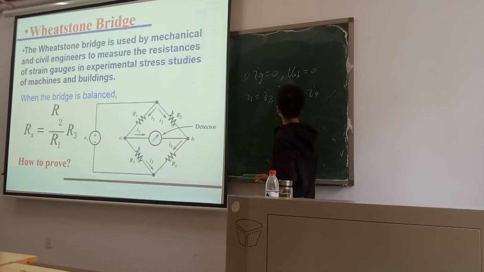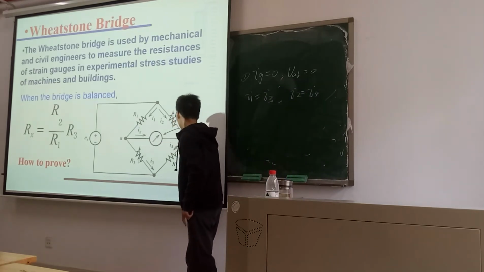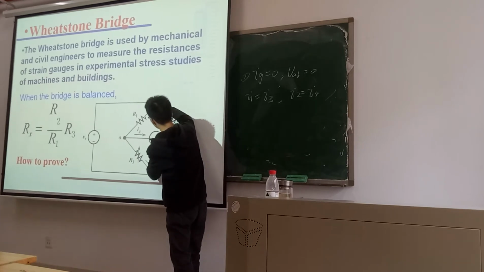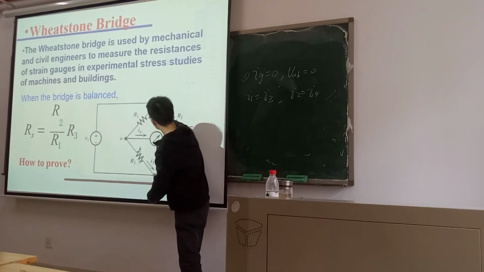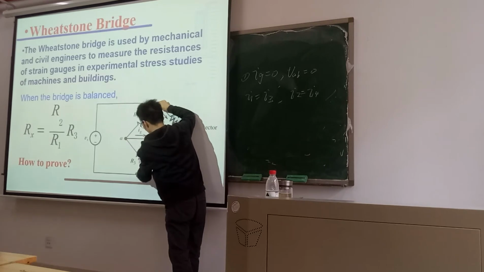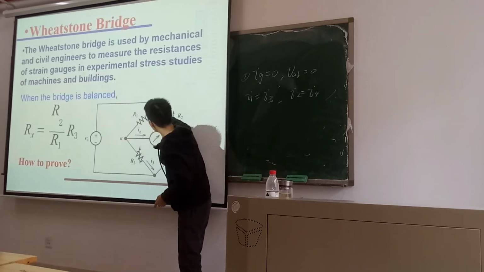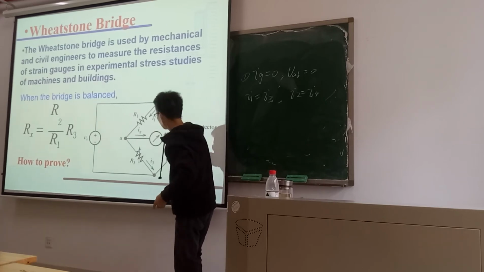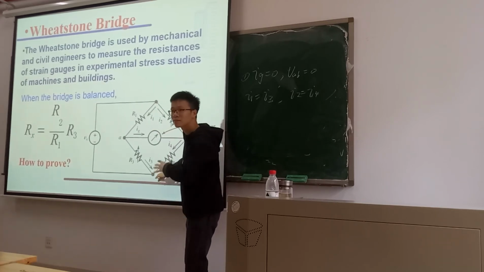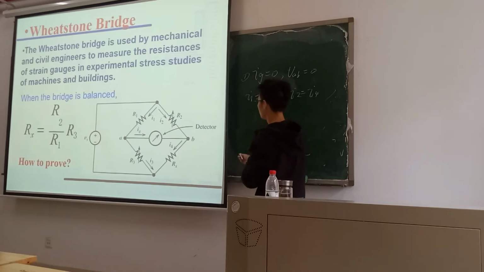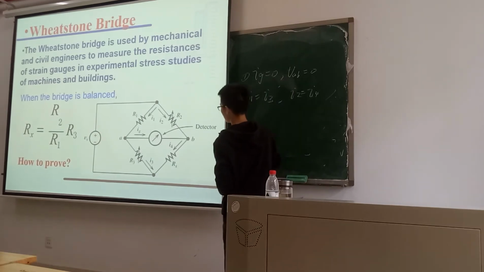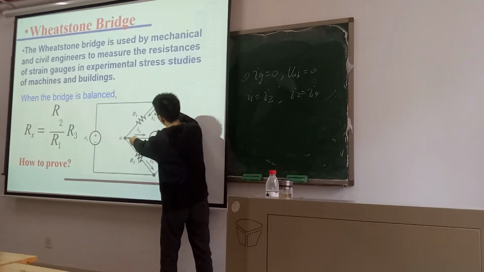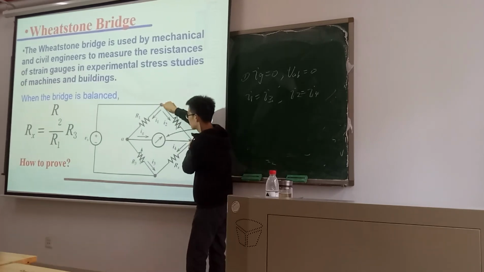Because VAB is 0, the voltage across these two branches is equal to the voltage across these two branches, because they are in parallel. If VAB is 0, that means the voltage here is equal to the voltage here.